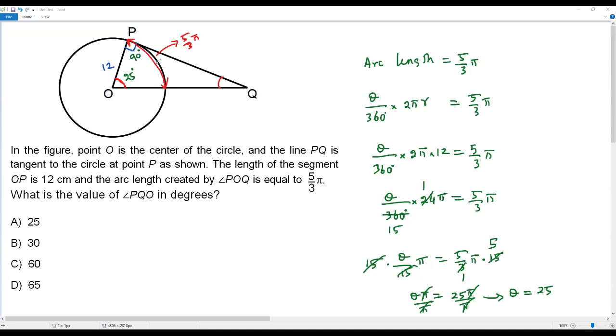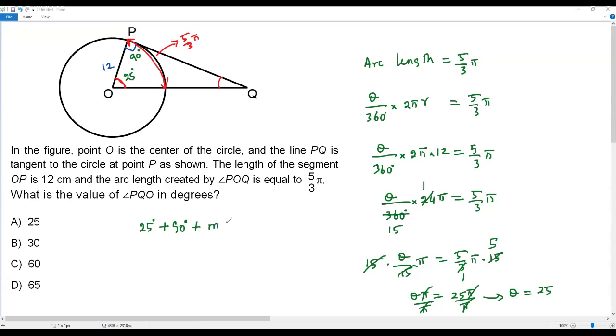Now we can use the angle sum property of the triangle, because in this triangle the sum of the three interior angles equals 180 degrees. Here we know the measures of two interior angles are 25 and 90. Let me write them: 25 degrees plus 90 degrees, and the third interior angle is PQO.